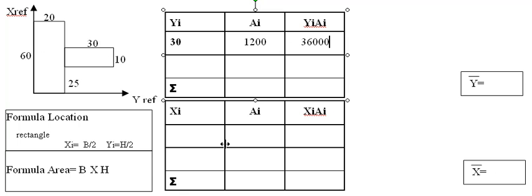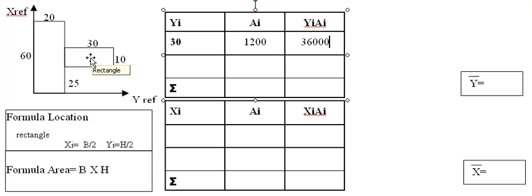Now the second one's going to be a little trickier because it's moved away from the reference line. Everything that we did here was right off of the reference line to the middle of the piece. The second row is all about this shape right here and where the centroid for that shape would be.